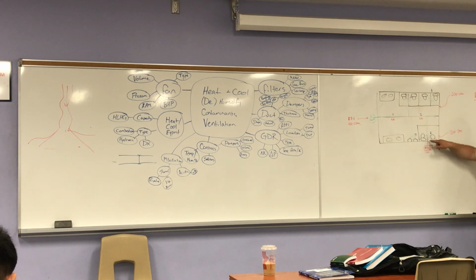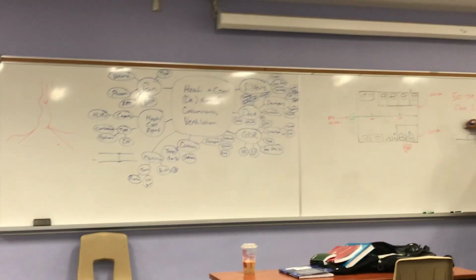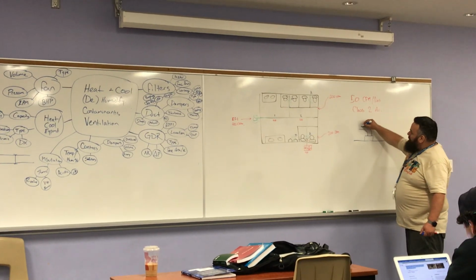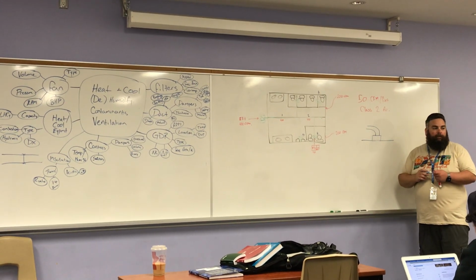The grill? The grill. So let's say I've got my ceiling, I've got my egg crate grill, I've got a box up top with a duct connected to an elbow.